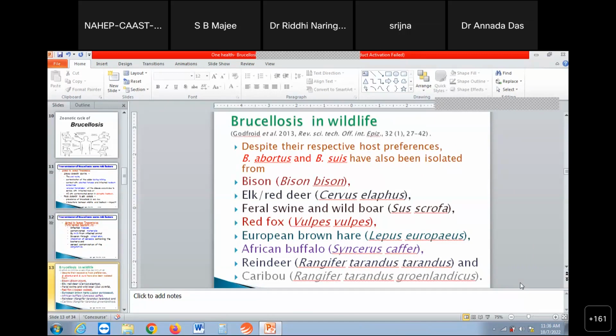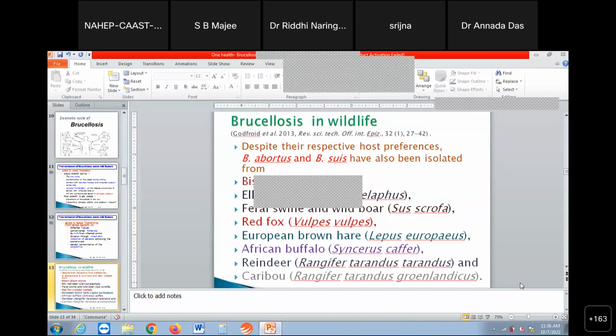There are records, and one of that is from Godfroyd et al. 2013 in one of the articles in the OIE journal, and this is a very worrisome view of how the organism has spread into wildlife.